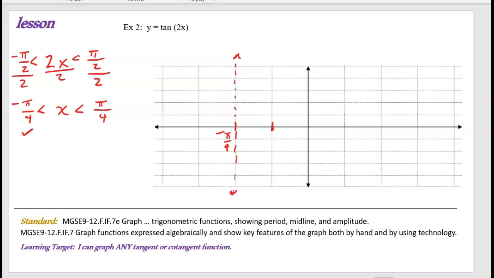Remember, this is my vertical asymptote. So this will be negative pi over 4. Half of negative pi over 4 is negative pi over 8. Pi over 8. Pi over 4.